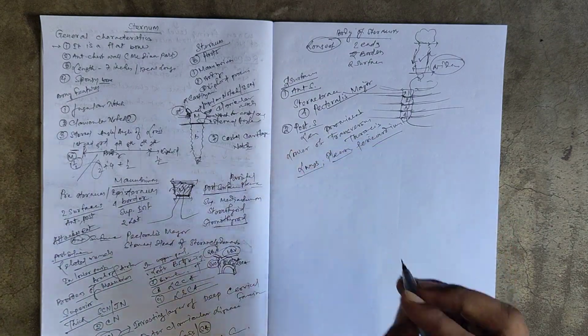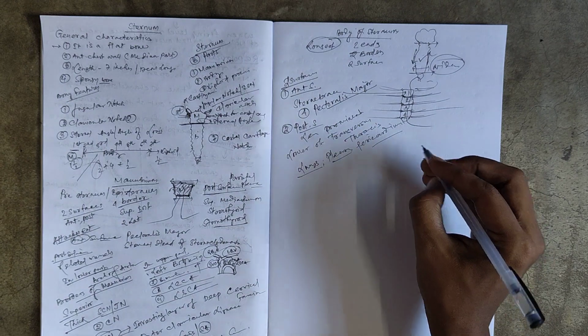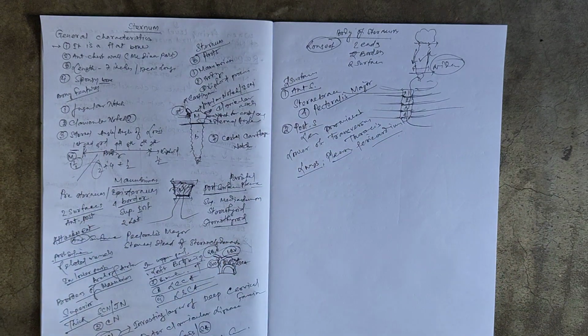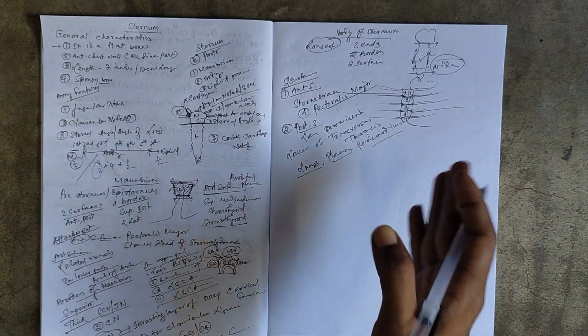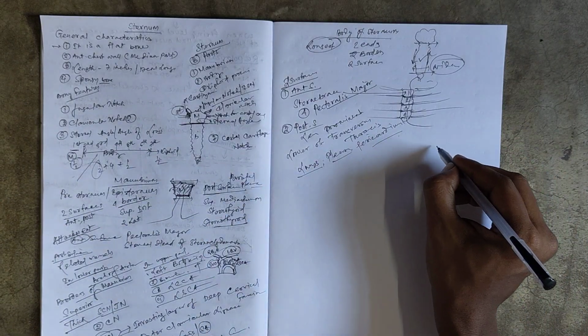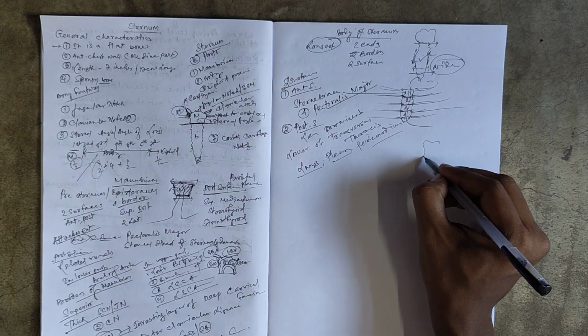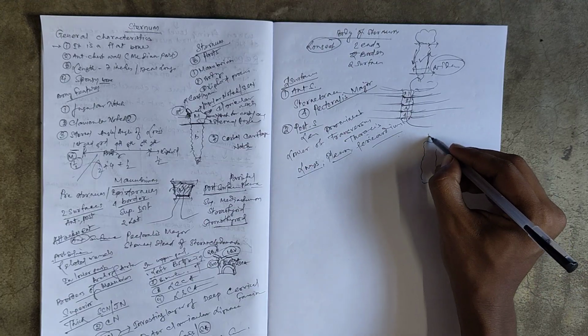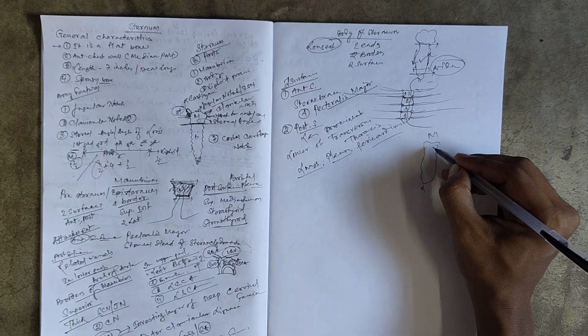On the right side of the median plane, the posterior surface is related to the anterior border of the right lung and pleura. So, if you take the sternum again, manubrium, xiphoid, and body.